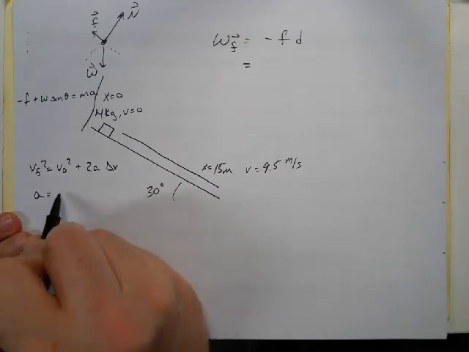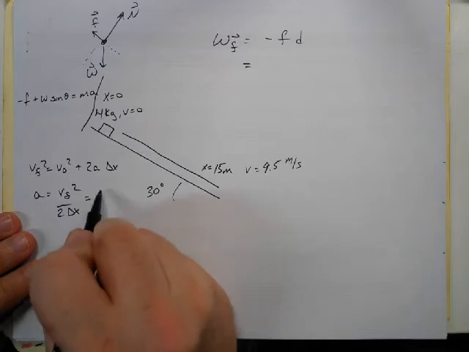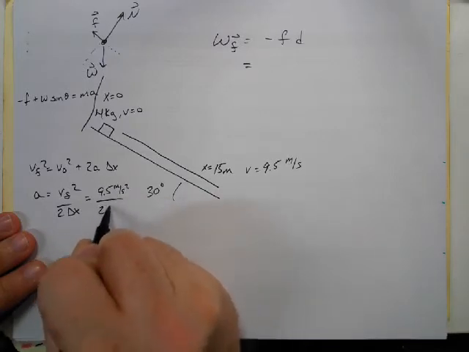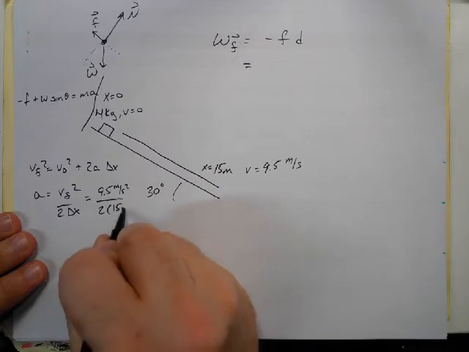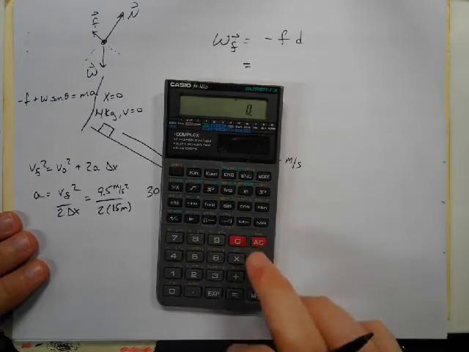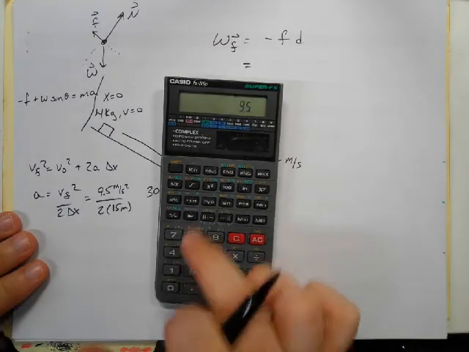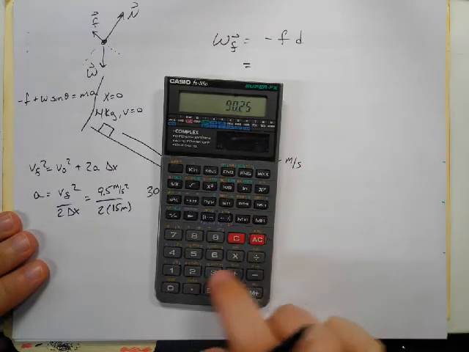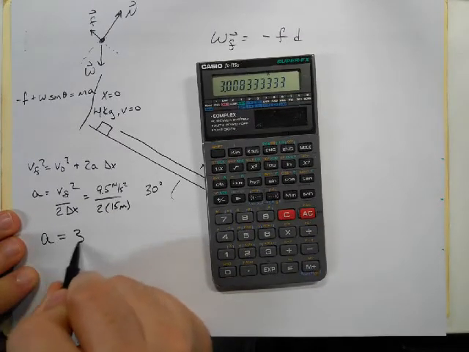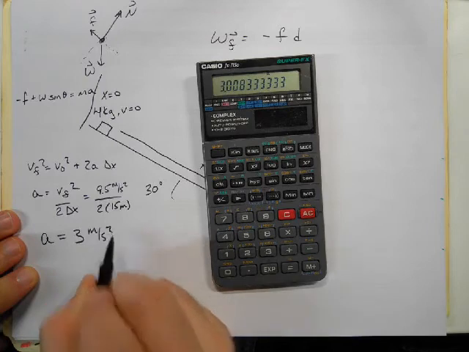So a is V final squared over 2 delta x, which is 9.5 meters per second, squared, over 2 times 15 meters. So let's see, 9.5 squared divided by 30 is, so our acceleration is basically 3 meters per second squared.